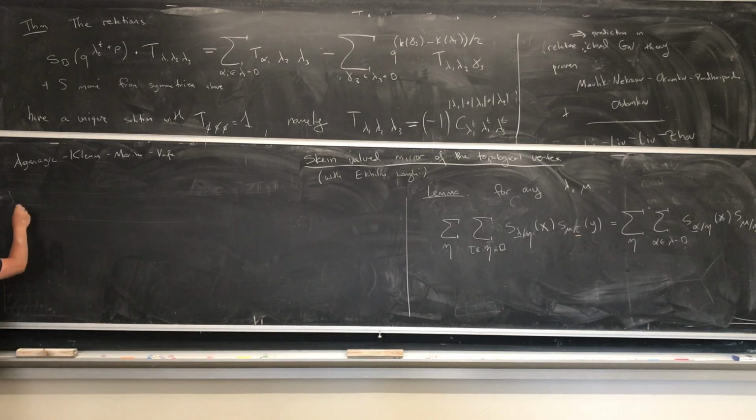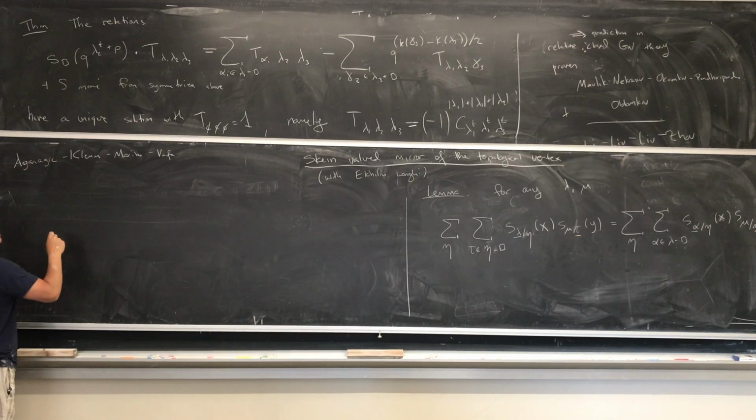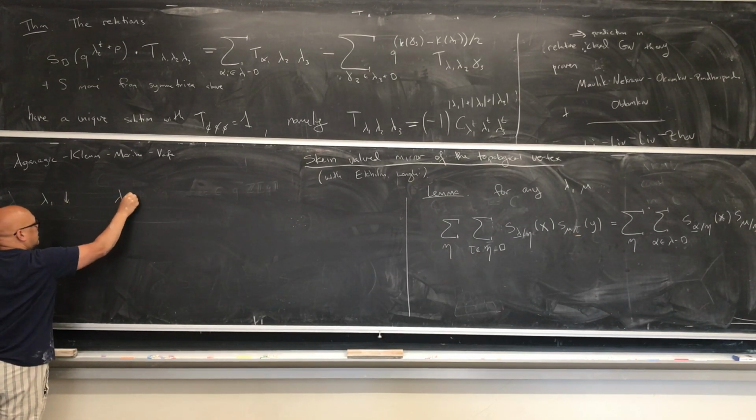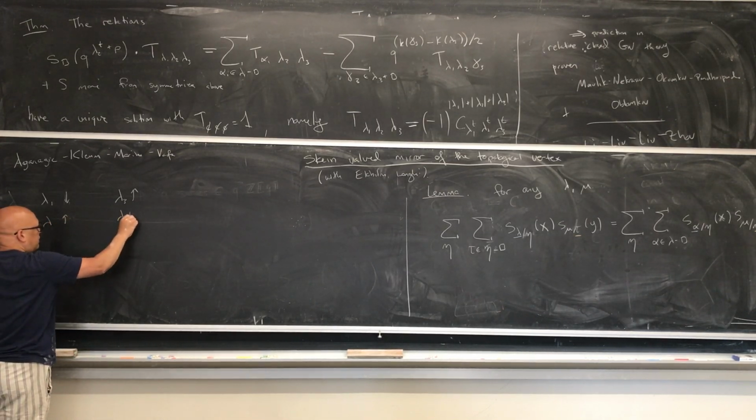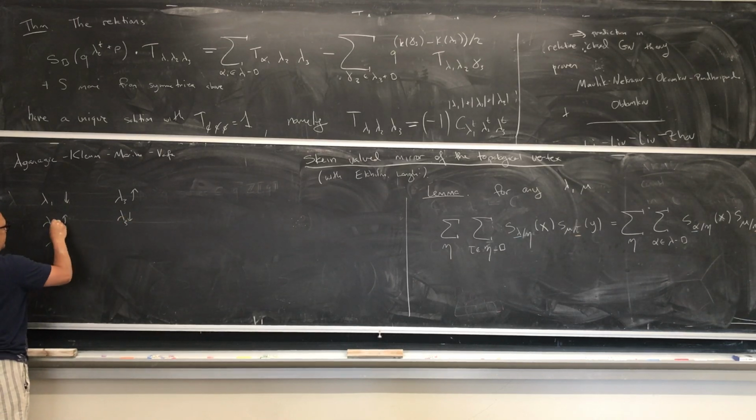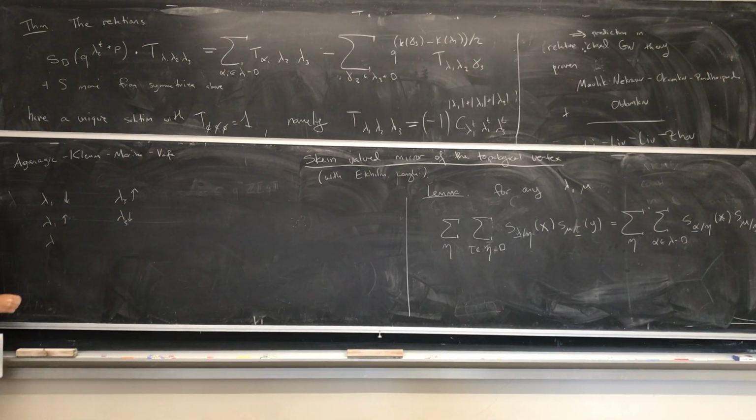As I said, there were six such recursion relations, and the nature of them is that there's one that raises lambda 1, one that lowers lambda 1 and raises lambda 3, and another that raises lambda 1 and lowers lambda 3, and similarly for every pair. For every pair there are two things you can do, and you have one relation which does those things.